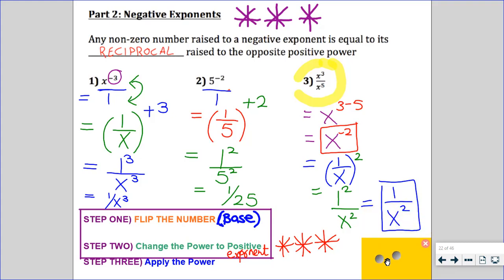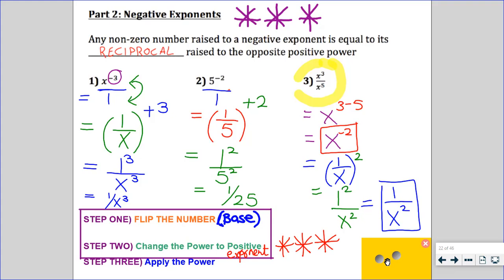So our final answer, 1 over x to the power of 2. So I'm going to give you a second to copy all of those examples down. This is a clear indication, just because you see that your question starts off as a fraction, when you apply your power rules and subtract your exponents, for a period of time, you no longer have a fraction.